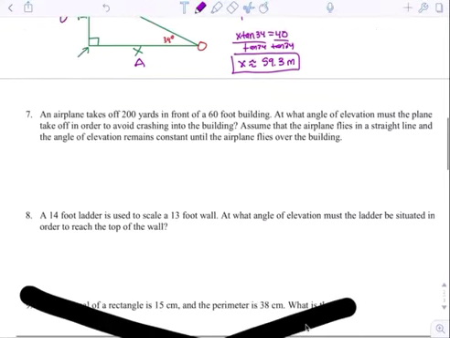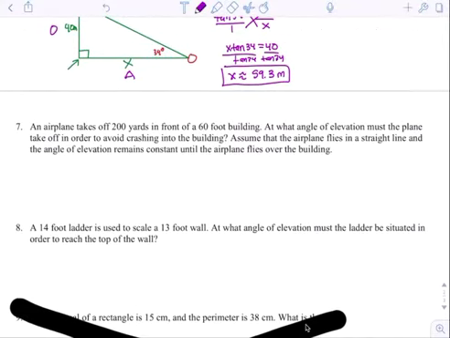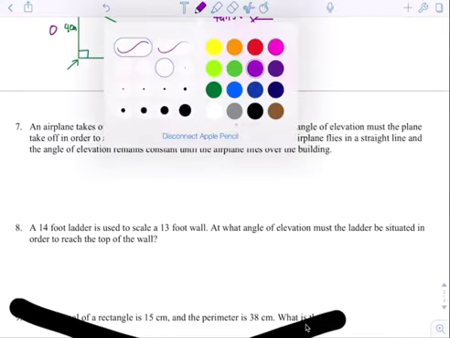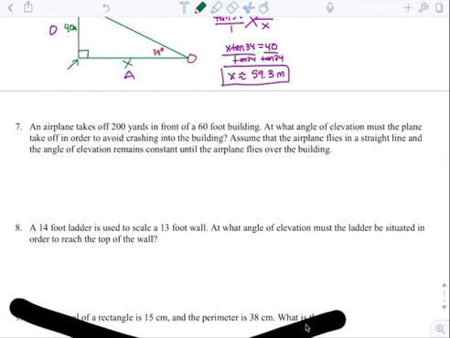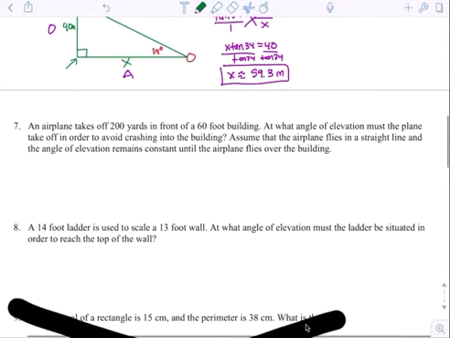Okay, number 7. An airplane takes off 200 yards in front of a 60-foot building. Okay, so draw. Here's 200 yards. The building is right there.